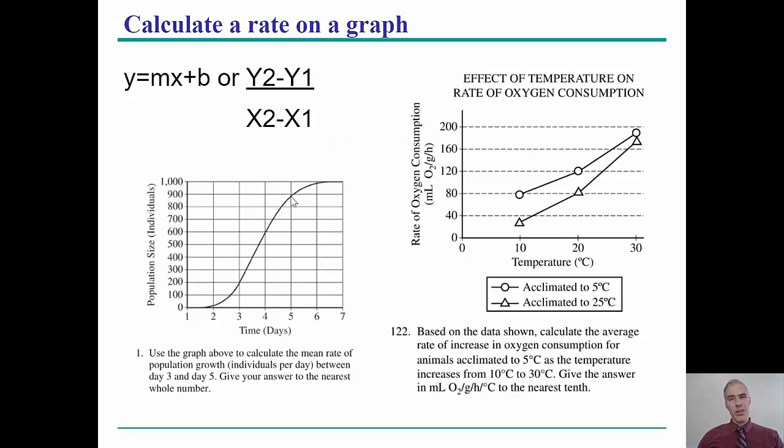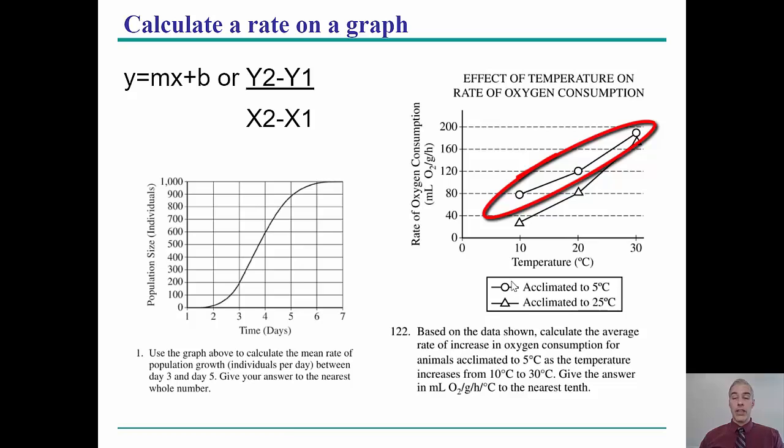For this one, a little bit harder, though a similar type of formula. You can use the formula in a similar way, but it requires you to look at a specific line. So it says, based on the data shown, calculate the average rate of increase in oxygen consumption for the animals acclimated to 5 degrees. So we're going to look at the line with the circles on it, not the triangles, as it increases from 10 to 30.